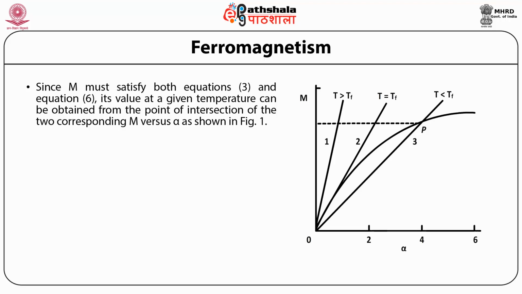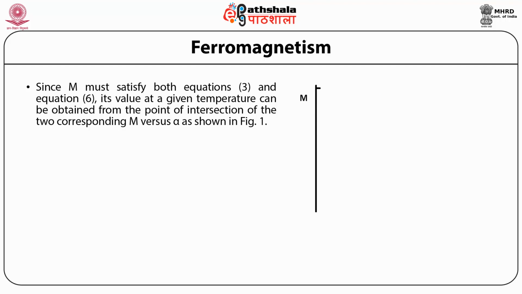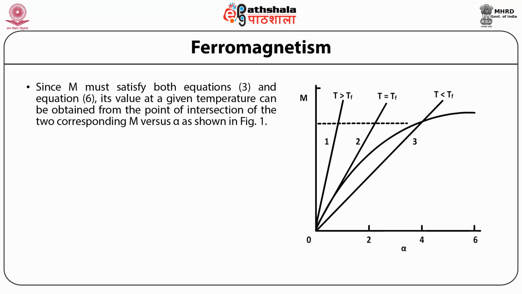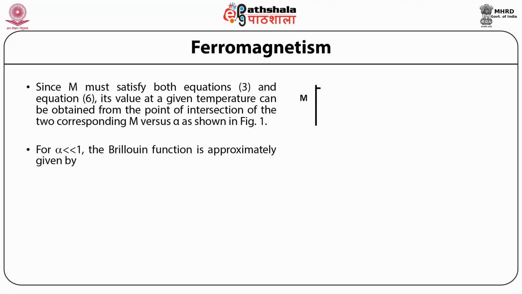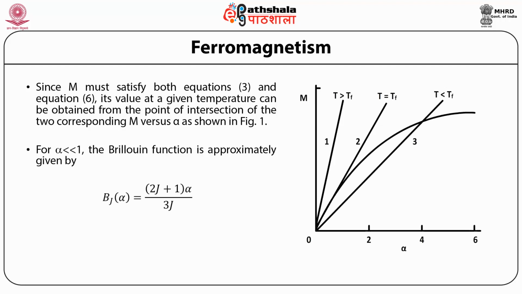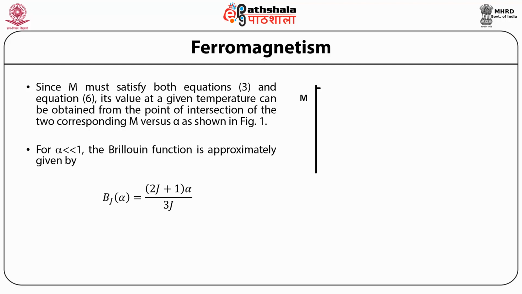But when T is less than T_C, we get the intersection of the two curves, which comes out to be k_B T alpha over g_J mu_B lambda. And for alpha very much smaller than 1, the Brillouin function B_J(alpha) is approximately (2J plus 1) into alpha over 3J.